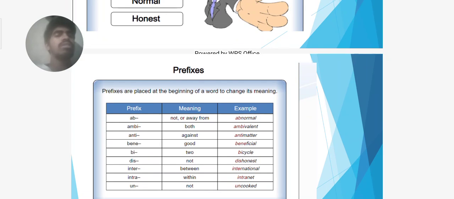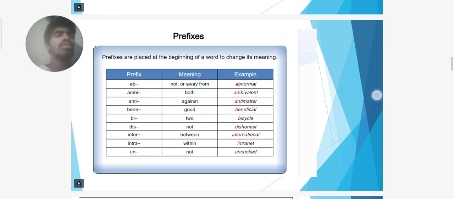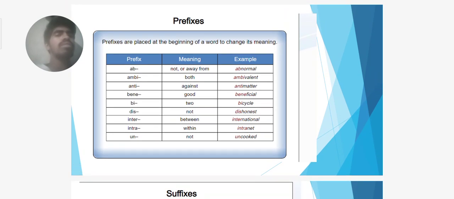Prefixes are placed at the beginning of the word to change its meaning. Just now I have discussed prefixes. We can place a prefix before the word, which can totally change its meaning. Here are some examples. Ab means not or away from, abnormal. Ambi means both, ambivalent.